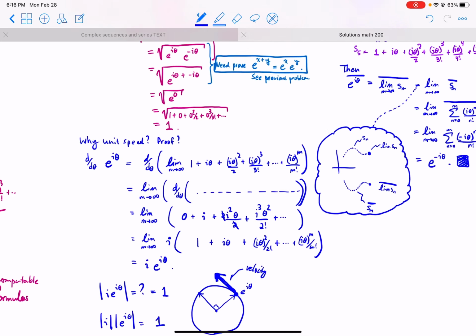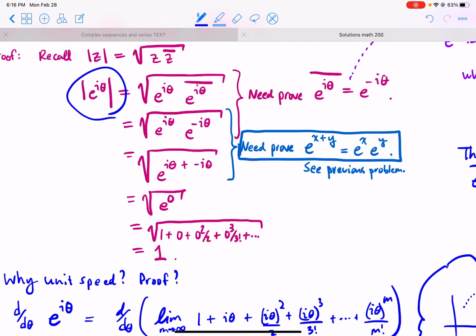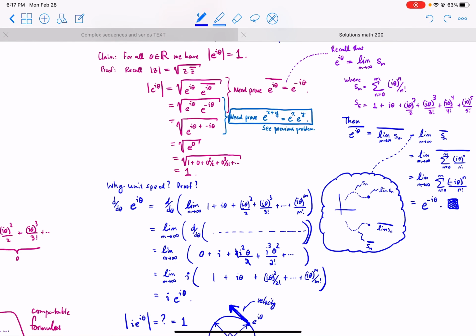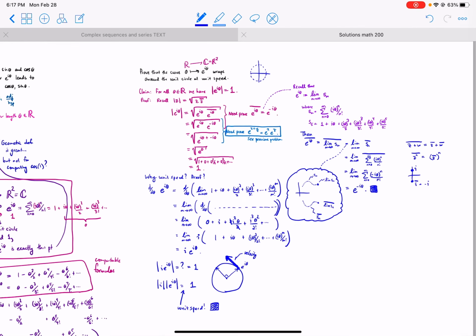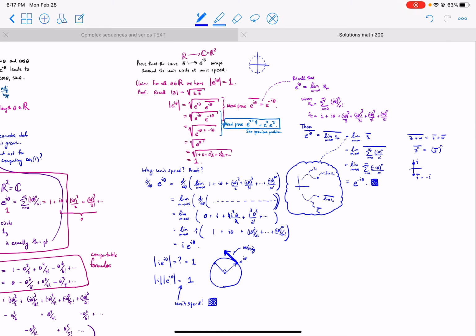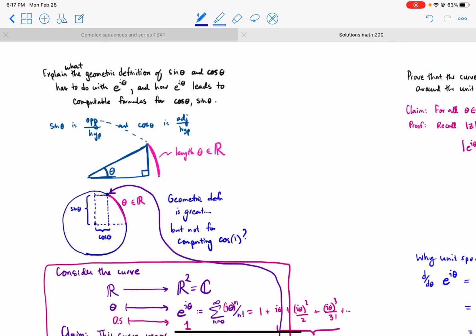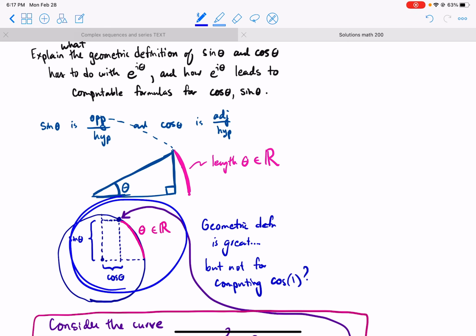And we already proved that the absolute value of e to the i theta is 1. That is how we showed it was on the unit circle. And so this means unit speed. Awesome. Okay, that's it. We have finished our proof of the geometry, matching the sine and cosine geometry.